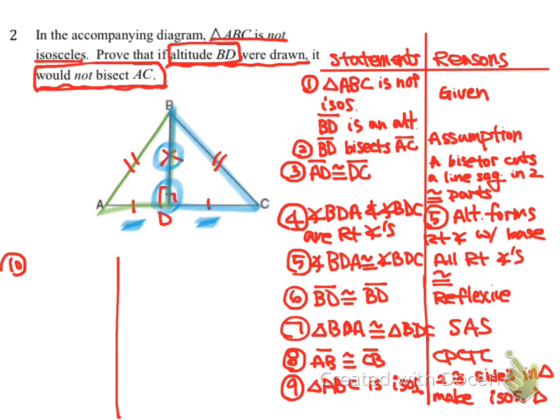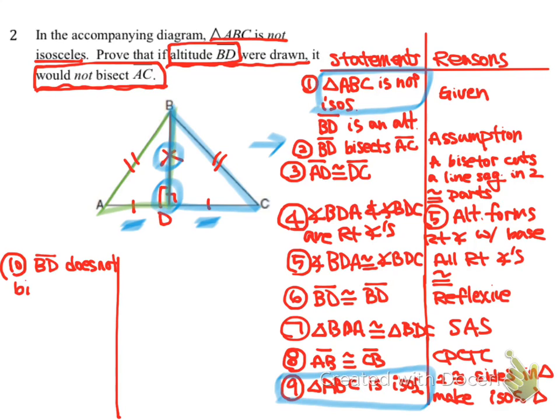Step number 10: notice that in step number 9 it says ABC is isosceles, but in the given, ABC is not isosceles. Is it a contradiction? So therefore, what we originally set out to do, our assumption, is wrong. Then we have to write down BD does not bisect AC. The reasoning is contradiction.